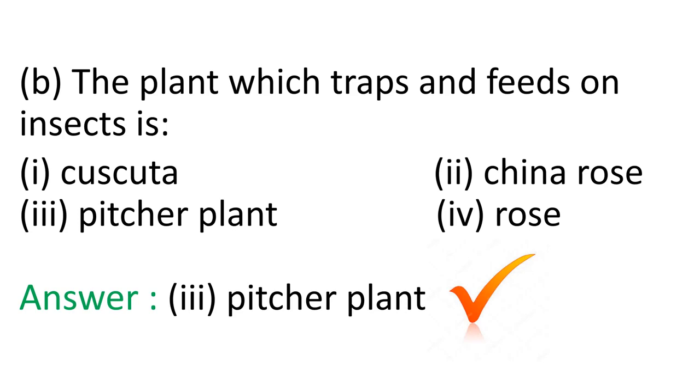B. The plant which traps and feeds on insects is option 1, cuscuta, option 2, China rose, option 3, pitcher plant, option 4, rose. Out of these, option 3, pitcher plant is an example of insectivorous plant.